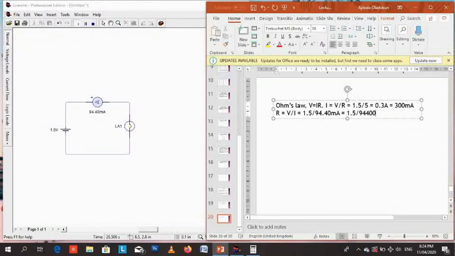So milli is 10 raised to the power minus 3. So that's 94.40 times 10 raised to the power minus 3 amps. That's the current flowing through the filament lamp. So R equals 1.5 divided by, if you move the cursor to the left 3 times, 0.09440, if I'm right.